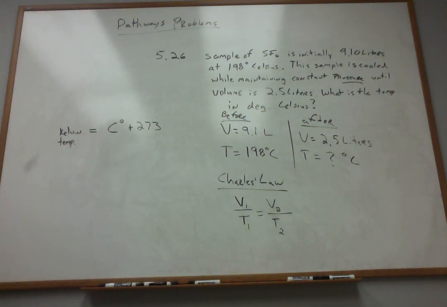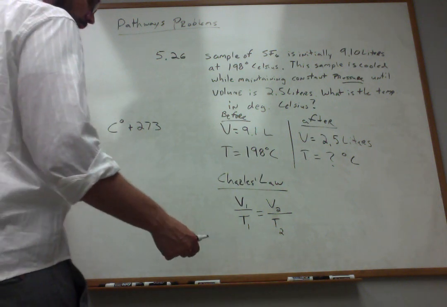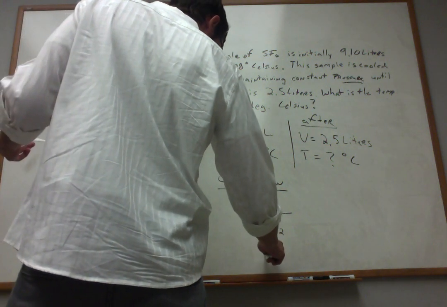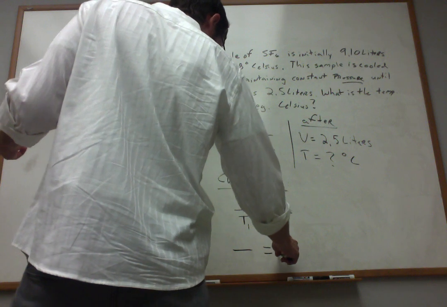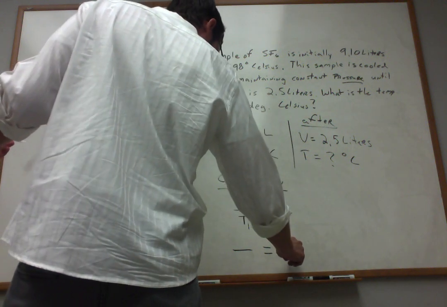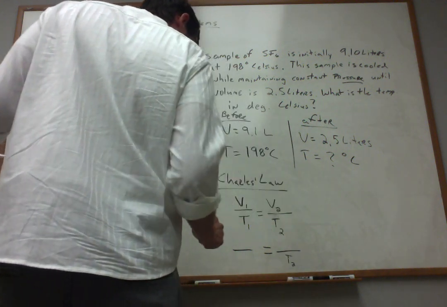This format of the Charles law relationship is usually the one we use. With that stated, I now have a numerical approach to solve for the second temperature, my unknown variable, T2.